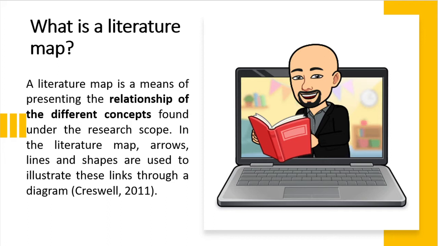And this literature map is usually presented through the use of a chart or a diagram which contains arrows, shapes, lines, and these are used to show and illustrate the links and the relationships of the different concepts. And this is the definition given by Creswell in 2011.